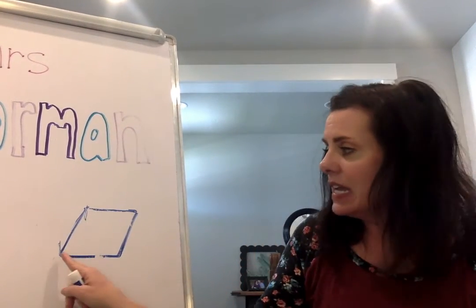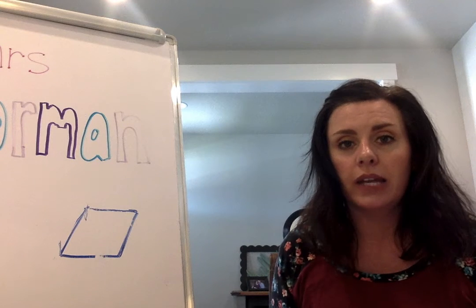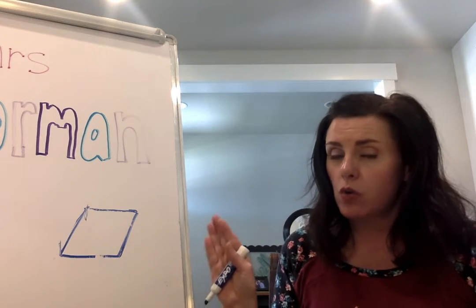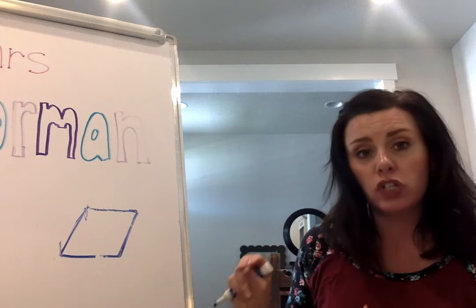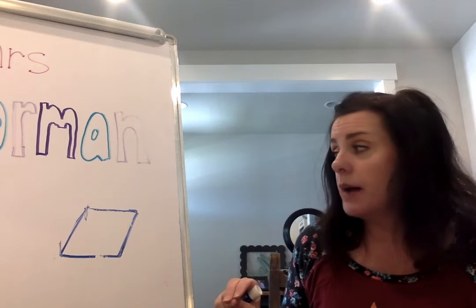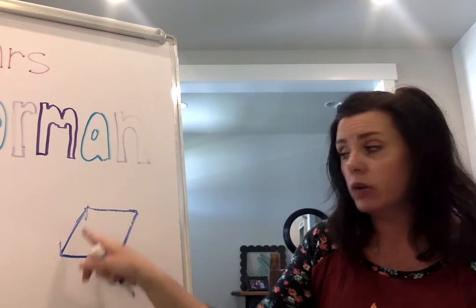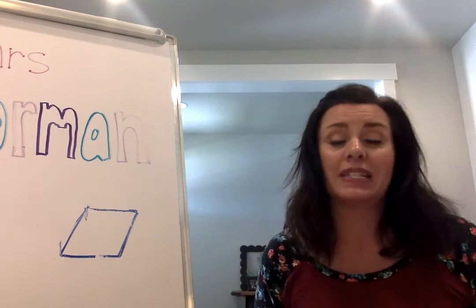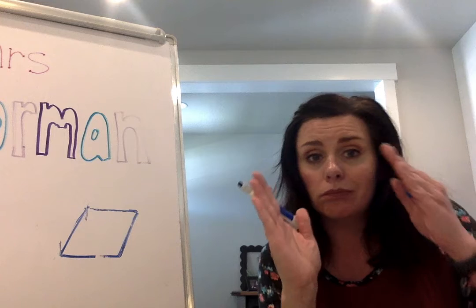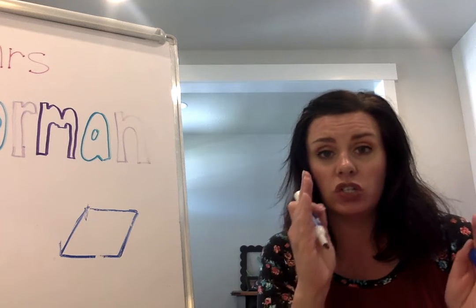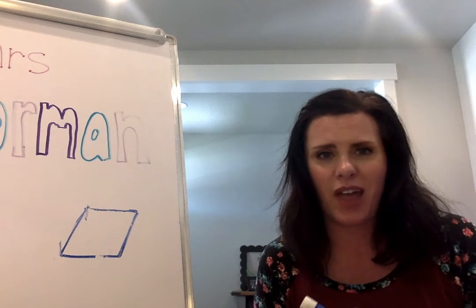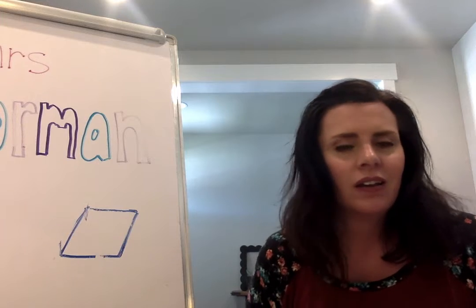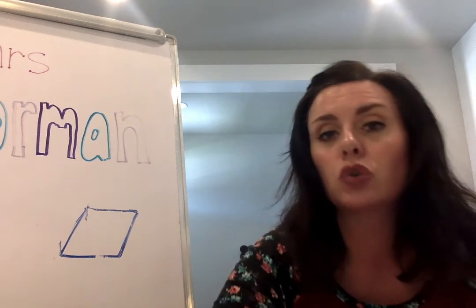And it's not. It is smaller than 90 degrees. So a rhombus does not have perfect corners. Some are wider than 90 degrees and some are smaller than 90 degrees. And that is what makes it a rhombus. It's like a square, but it's just kind of been shoved the other way. Does that make sense?